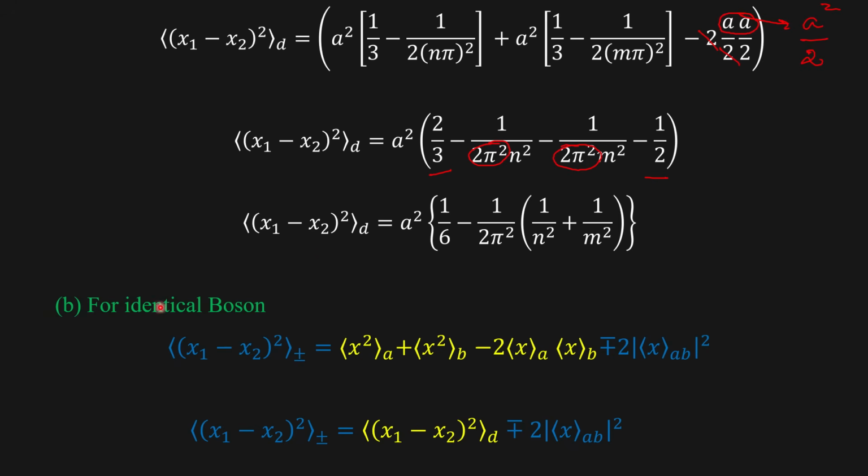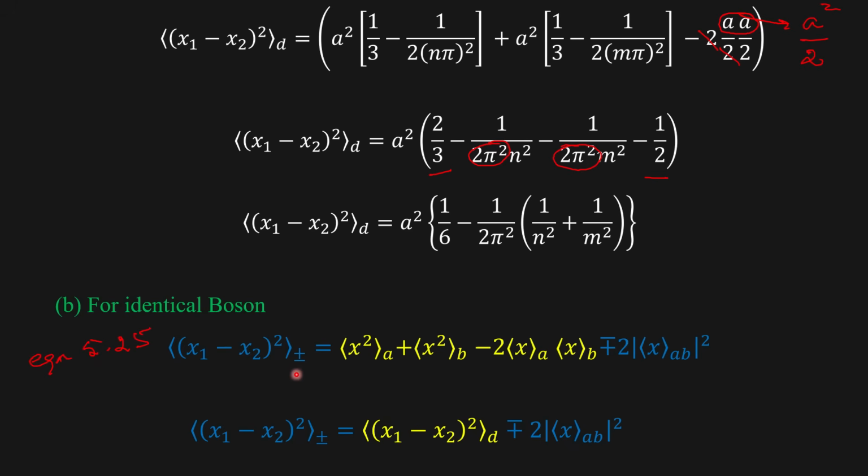Then for identical bosons, you cannot distinguish them. So as given in equation 5.25 of Griffiths, it is equal to the expectation value of the square of the difference in distance between particle 1 and particle 2.